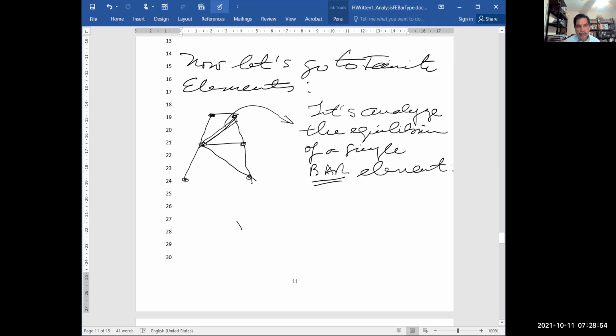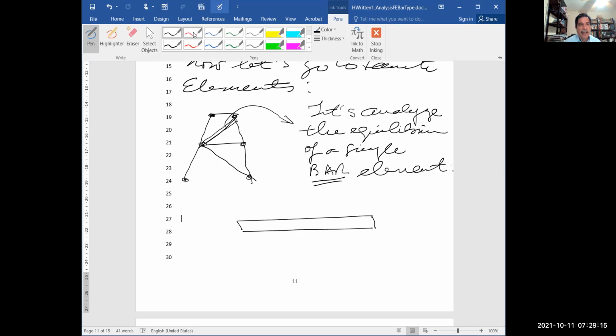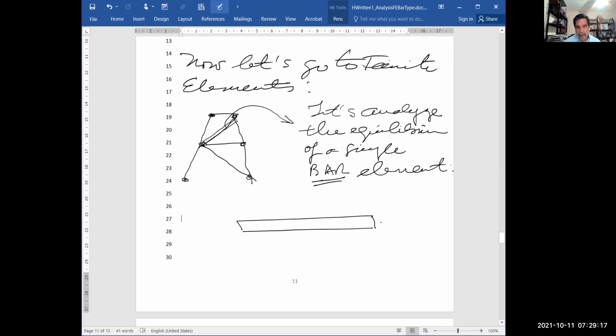So this is the element that we're going to analyze. Since we're analyzing one single element, we're going to define this coordinate system. It's what we call a local coordinate system.